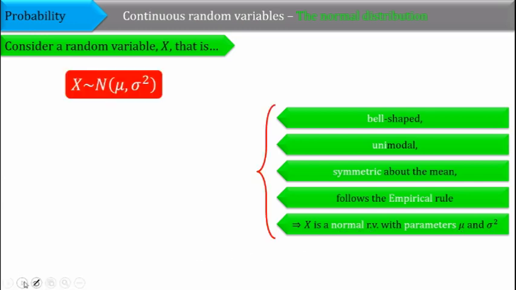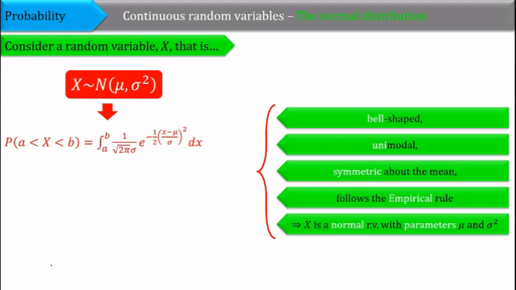Now let's see what that means. We'll denote it by a capital X with this tilde sign, capital N, which means normally distributed or normal random variable, and remember in brackets we always have to give the parameters, because the parameters are the population values that determine how this distribution looks, so how the curve looks.